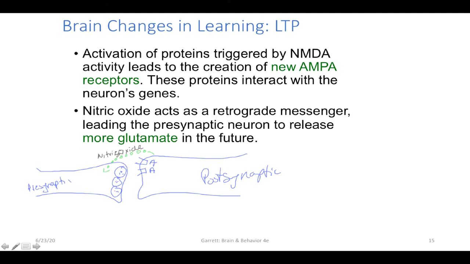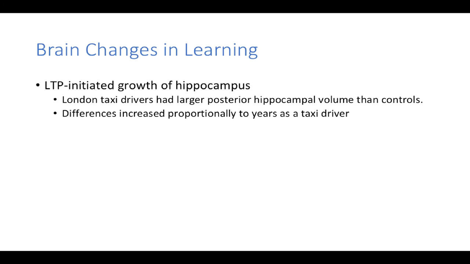Nitric oxide acts as a retrograde messenger. In other words, it's a messenger that goes back to the presynaptic neuron, making that presynaptic neuron release more glutamate from now on.